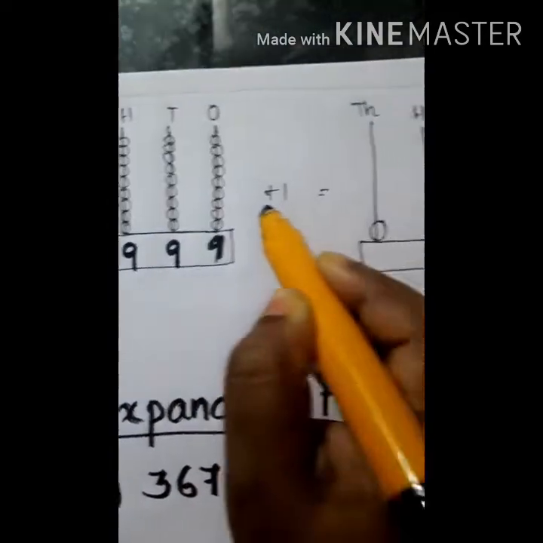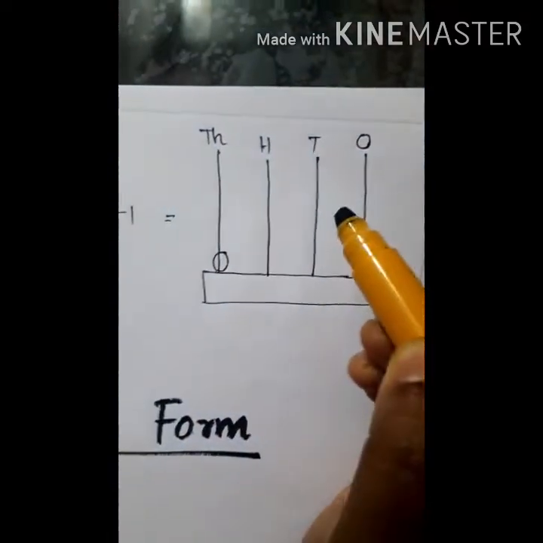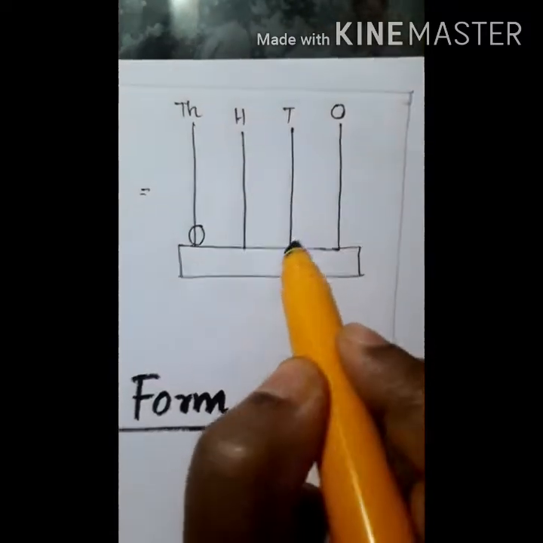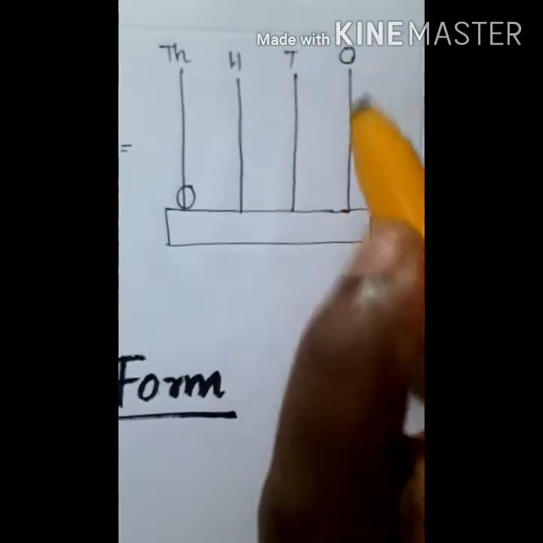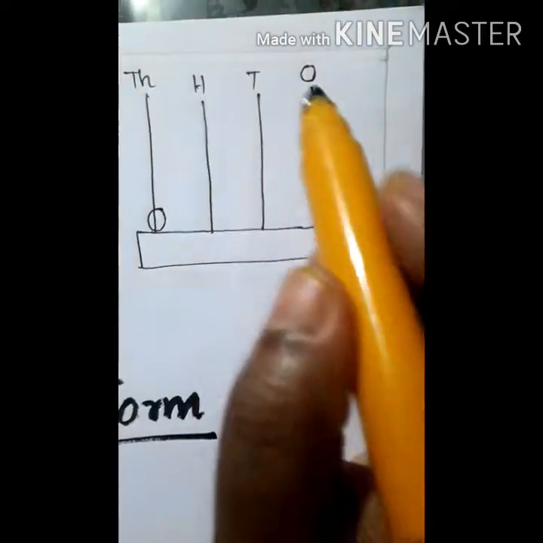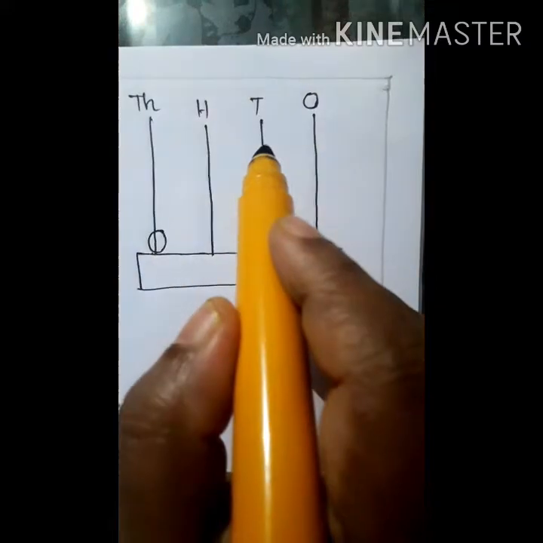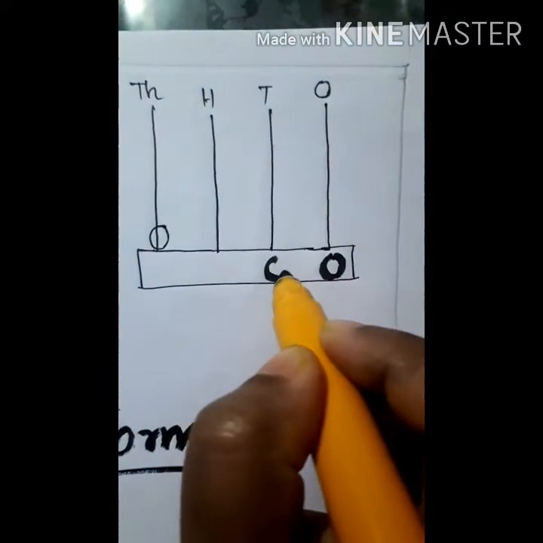999 plus 1 equal to, represent this also. We want to represent this on the abacus. So in ones place count the beads. There are no beads, so what will we write? 0. And in tens place there are no beads. We will write 0.